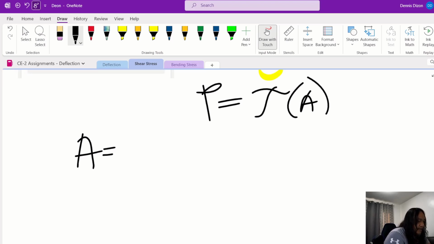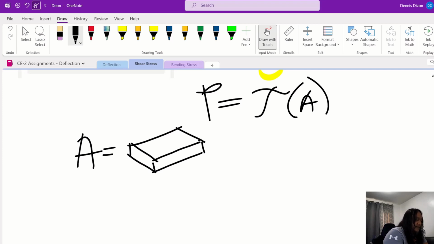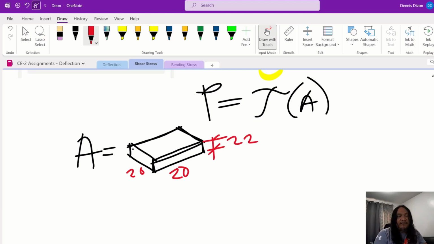Now, your sheared area, because this is punching, we'll just draw a 3D here. So this is your punched area. Now the dimension is this is 20, and then this is 20, and then the thickness is 22. Now your sheared area for punching is this area here, and then on the other side as well.